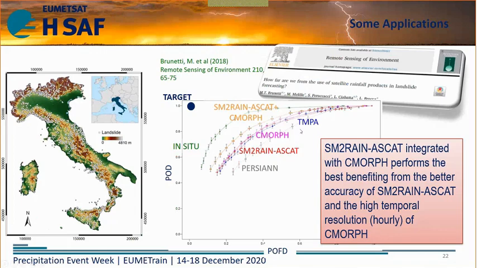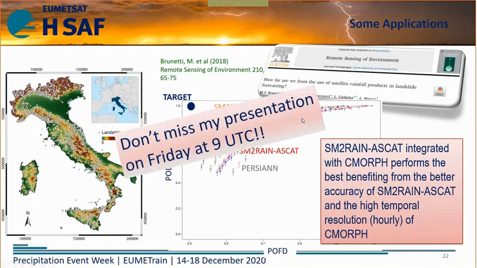And here we can see also in this case that the integrated product between a state-of-the-art satellite rainfall product and SSM-Terrain provide the best performance when compared to other satellite products. But also in this case, I will talk about this application next Friday.